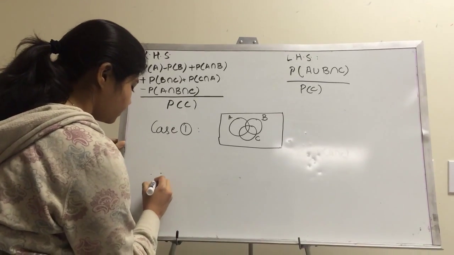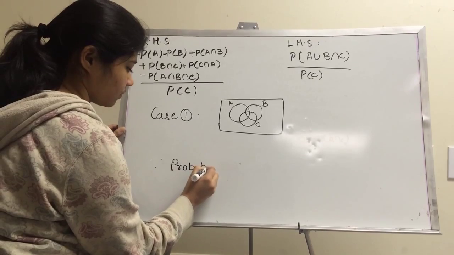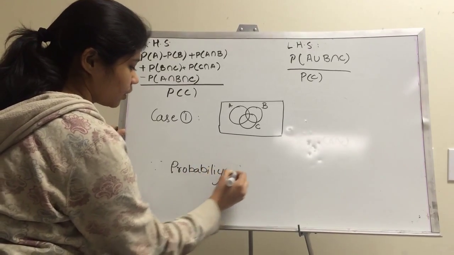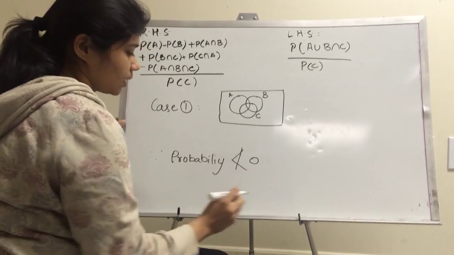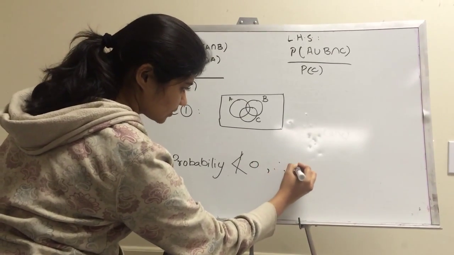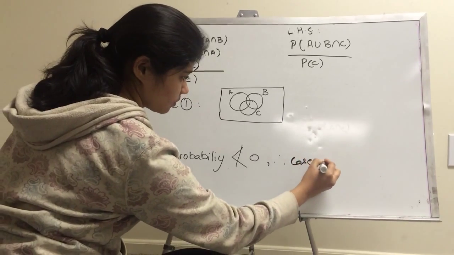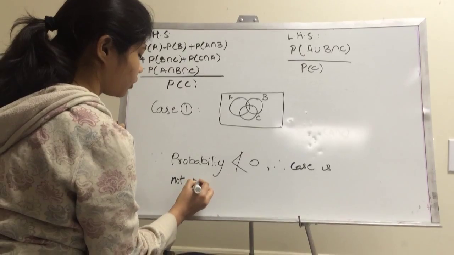And since we know that the probability of an event can never be less than 0, hence this case is not possible.